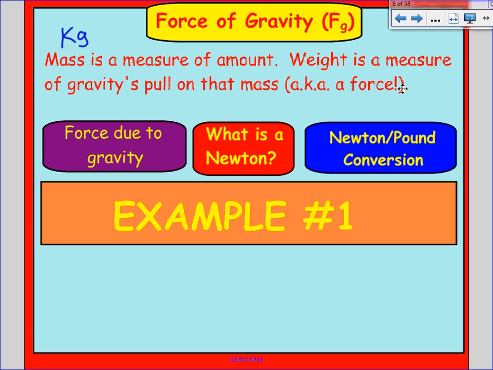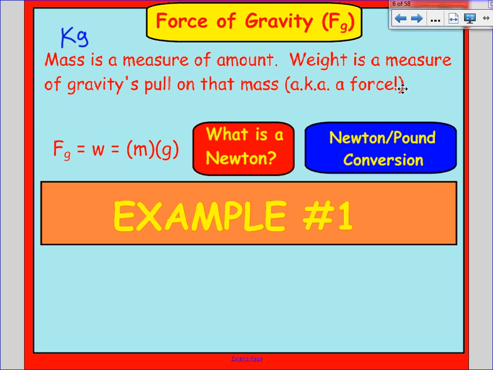Now there is a way that you can calculate the force due to gravity, and that is taking your mass in kilograms times the acceleration due to gravity. And remember, g is always 10 meters per second squared. Now notice, when you would take your mass times your acceleration of gravity to get your force, what do you think that breaks that up to?